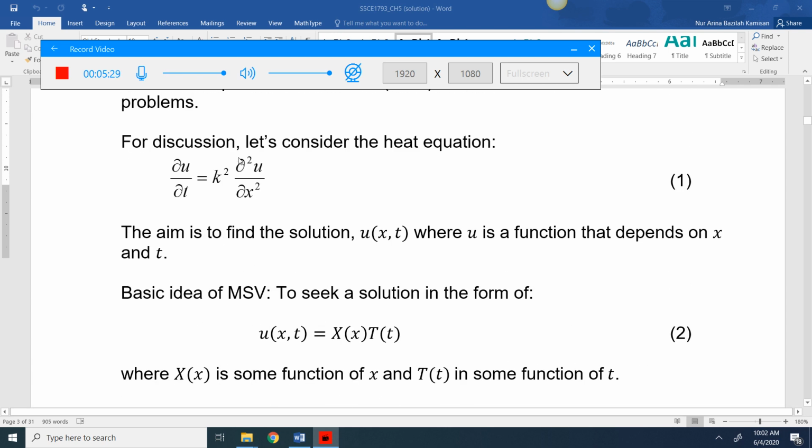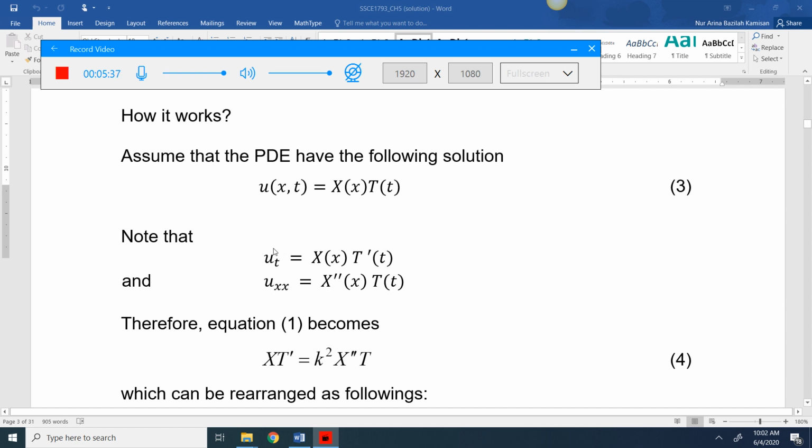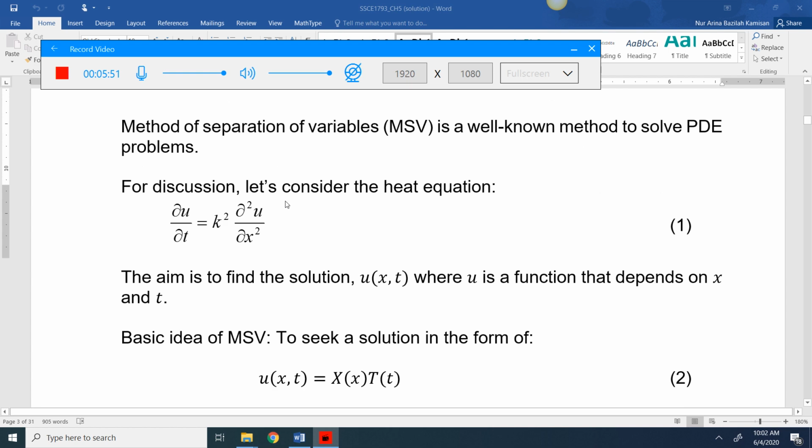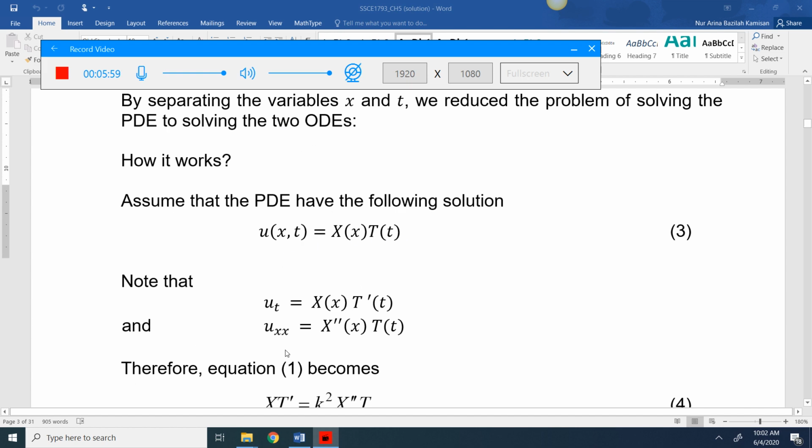First, they differentiate with respect to t and also with respect to x twice. Differentiating one time with respect to t means the general equation will be X T'. We already differentiate T one time. And in the equation also, we differentiate with respect to x two times. So if this is the general equation, we write it as uxx equal to X'' T.